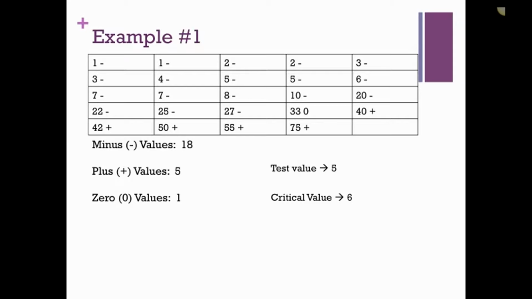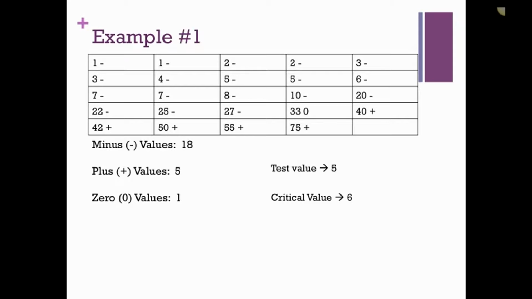So I've gone through and done that in the table, and you see that we have 18 data points that were assigned a minus value, 5 data points that were assigned a plus value, and we did have 1 data point of 33, which is equal to our hypothesized median, so we assigned it a 0 value.